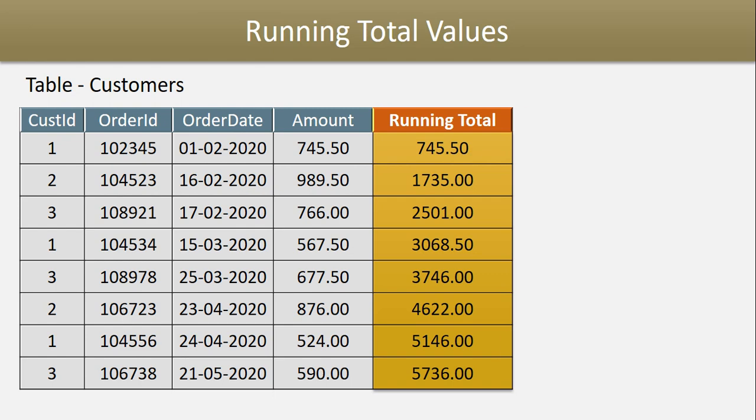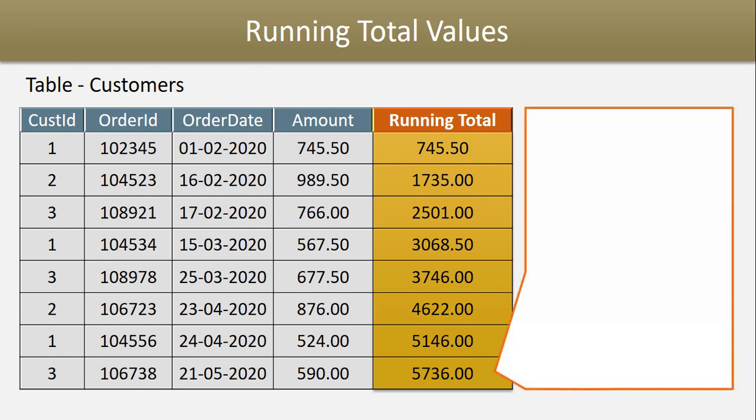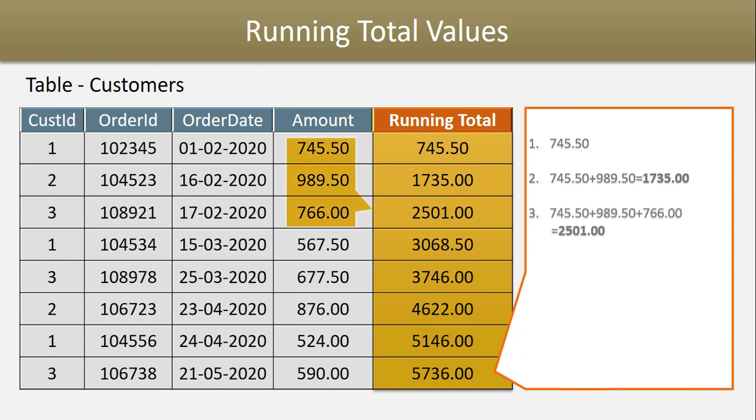In this example, the total value will start at the first row and then sum of this amount. Then at the second row, sum of previous and current amount. Then at the third row, sum of all previous and current amount, and amount keeps adding till the end of rows. This is how running total is calculated.